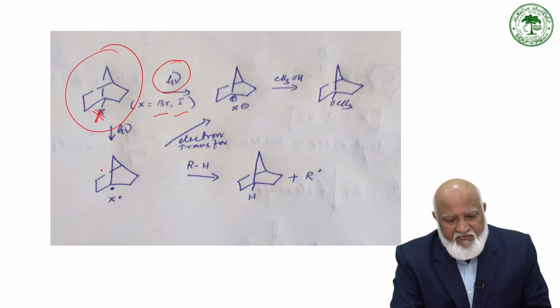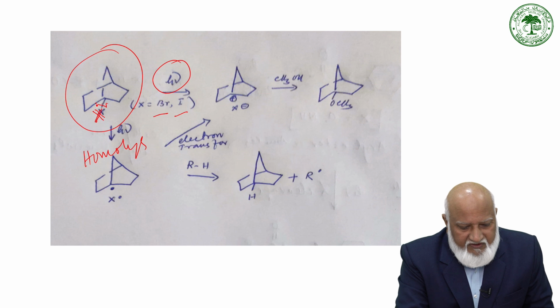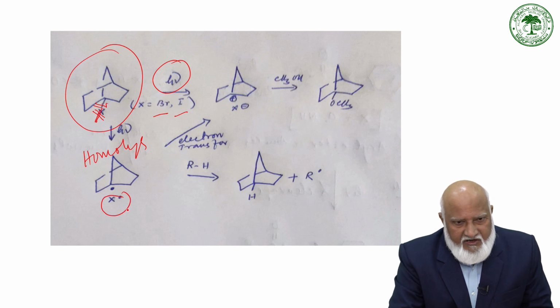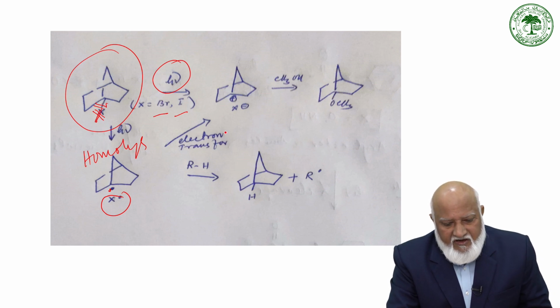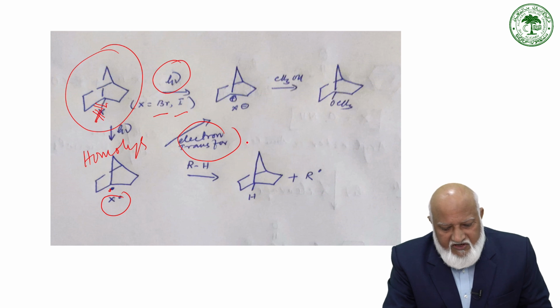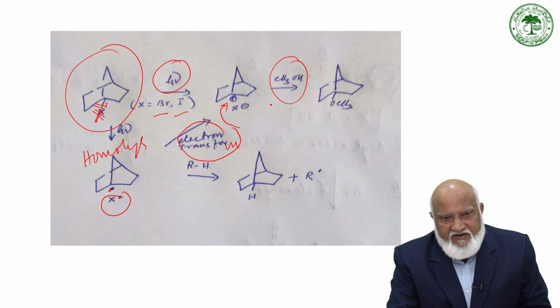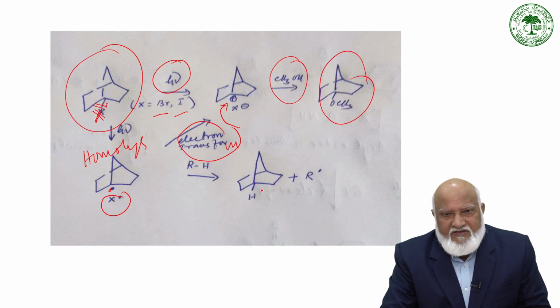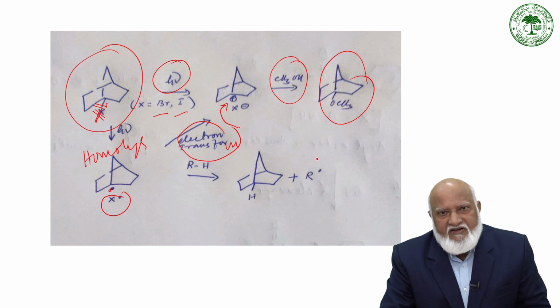Under photolytic condition, it may undergo homolysis to give an X halogen radical, as well as a carbon radical on the bridgehead carbon, and this bridgehead radical through electron transfer forms a carbocation on the bridgehead carbon, which on reaction with methanol gives the methanol added product. This is very difficult through any other catalytic method, but is possible through the photochemical method.